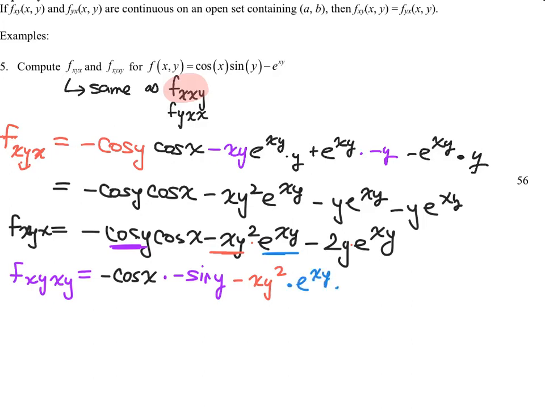The derivative of the exponent with respect to y would be x, plus the second function, e to the xy, times the derivative of the first, again with respect to y, which means I'm applying the power rule here, treating the x as a coefficient. So negative 2xy.